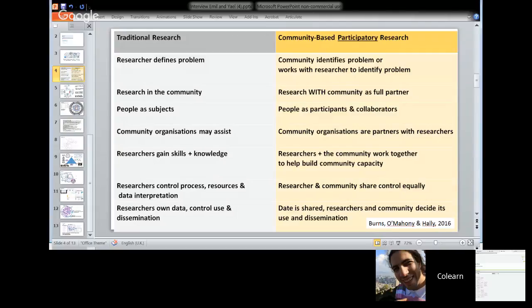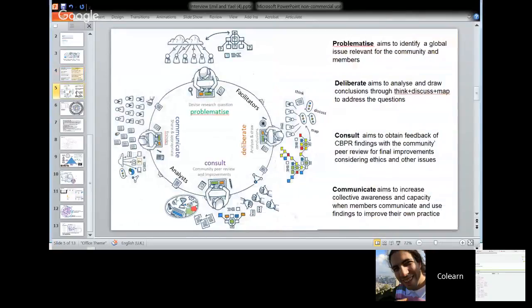So for CBPR, we think it could be facilitated by software. That software, Lightmap, we have been using with different groups, even teenagers, in the Engage project.